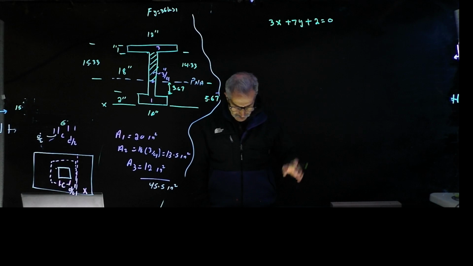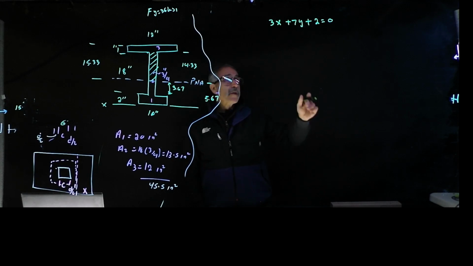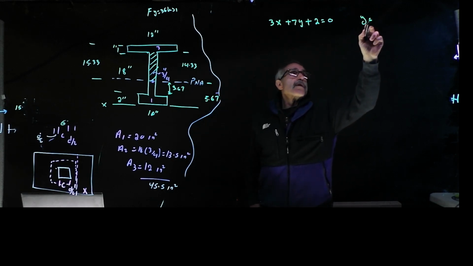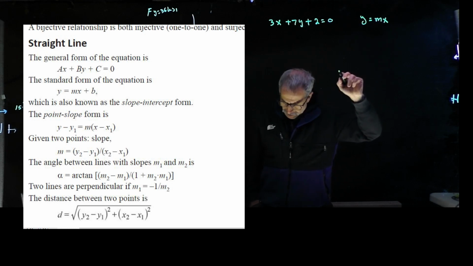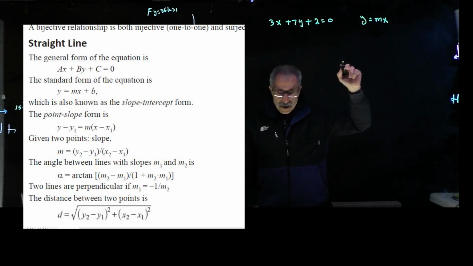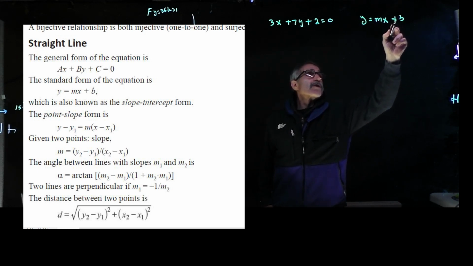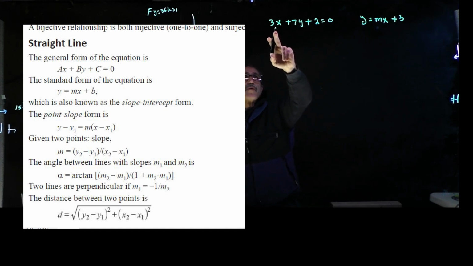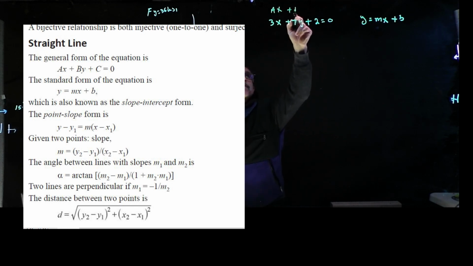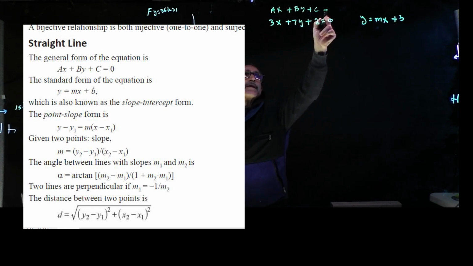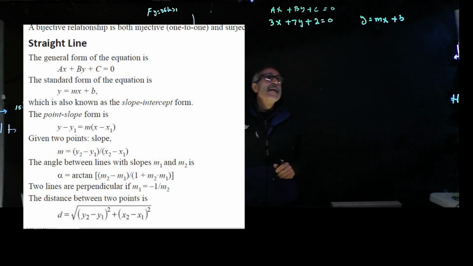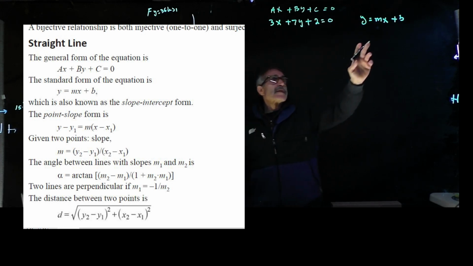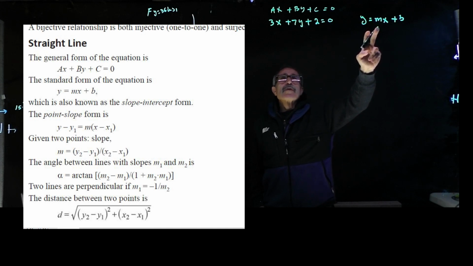You know from the handbook, y is equal to mx plus b. That's the equation of a line, and m is the slope. Also, if I write this in the form of ax plus by plus c is equal to 0, we can find this slope two different ways.